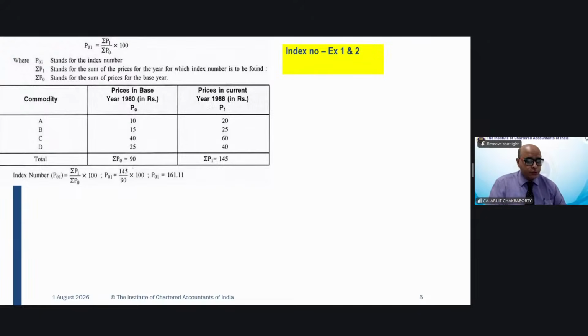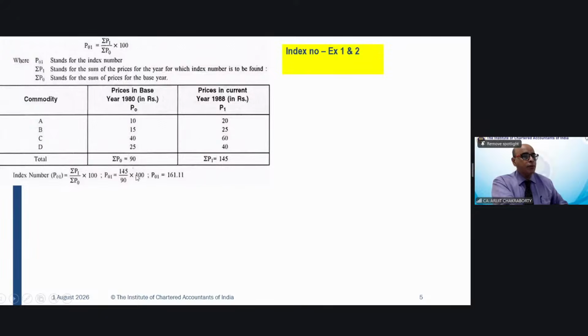So you can see on this slide, you have the formula P01 equals sigma P1 by sigma P0 into 100, as we were discussing. What is P01? It is the index number of the current year. Sigma P1 stands for the sum of the prices for this year, and sigma P0 is the sum of the prices of the base year.